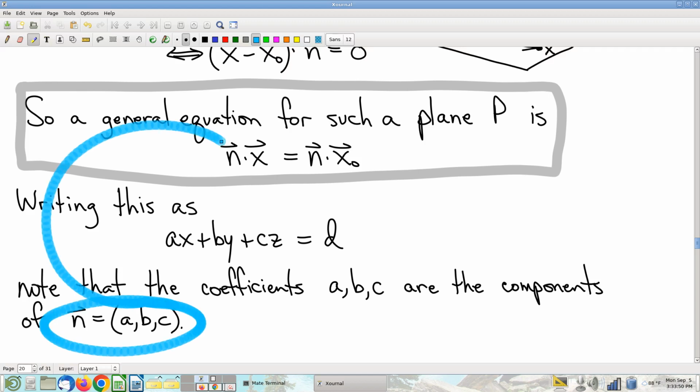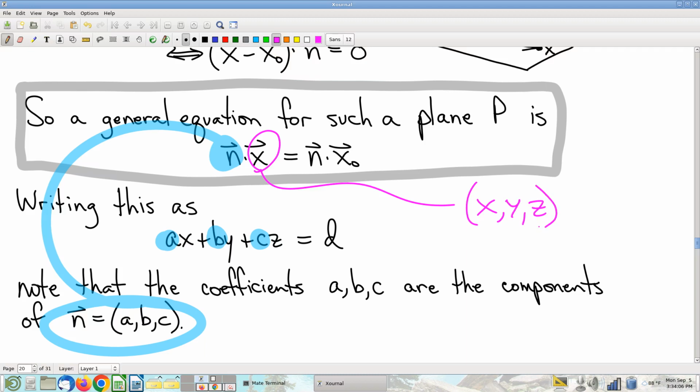give some coordinates, a, b, c, to that normal vector. And then don't forget the x vector. This is the generic vector x, y, z. Then that dot product works out very simply as just ax plus by plus cz.